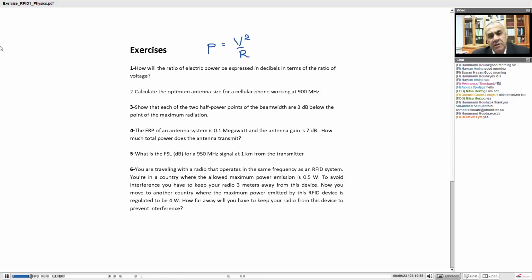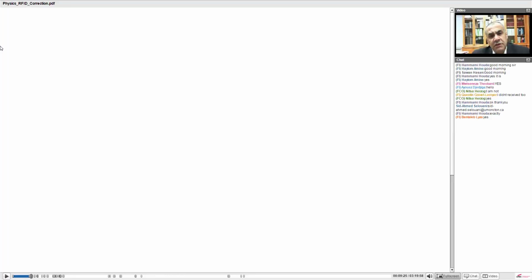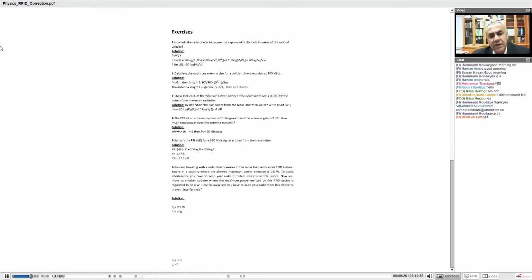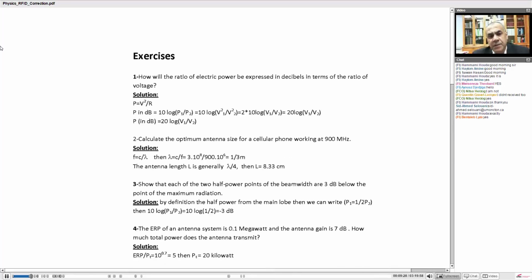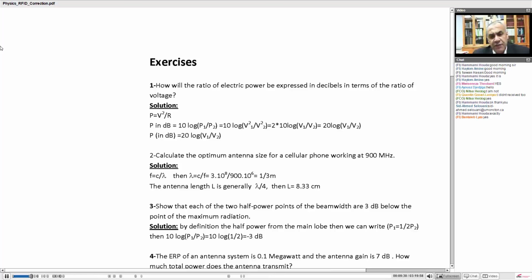So having this in mind, if you have this formula, it's easy to determine the dB. This is linear. Here you have volt, here you have watt, here you have ohm.